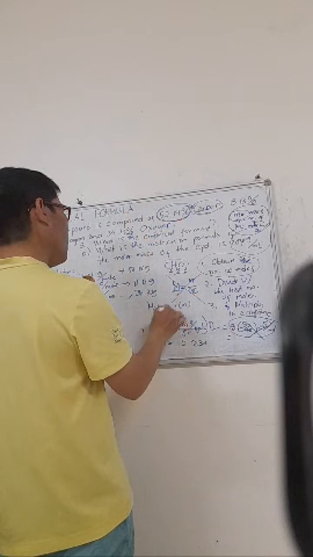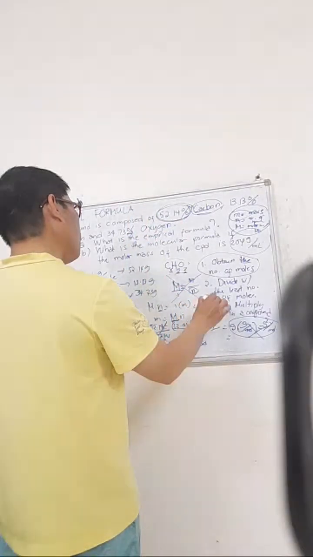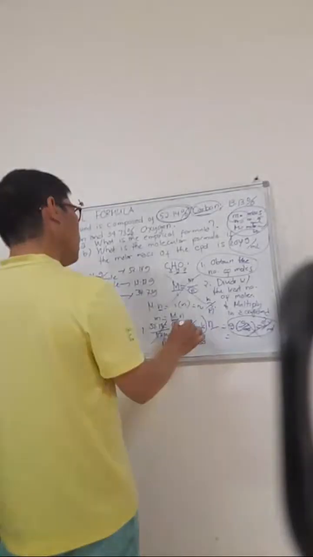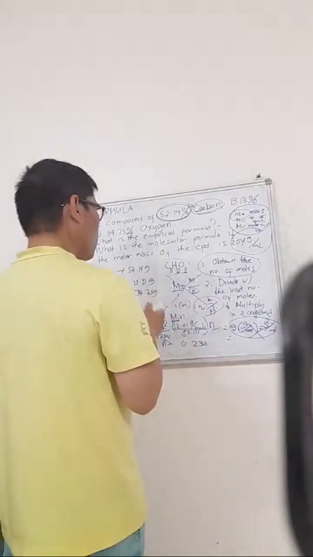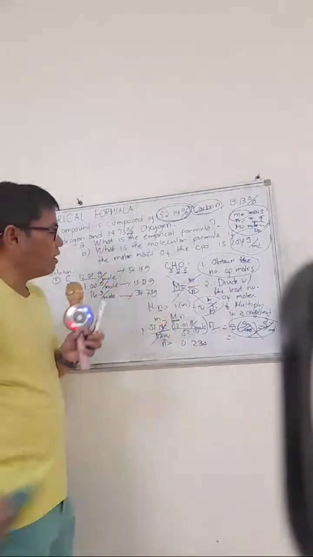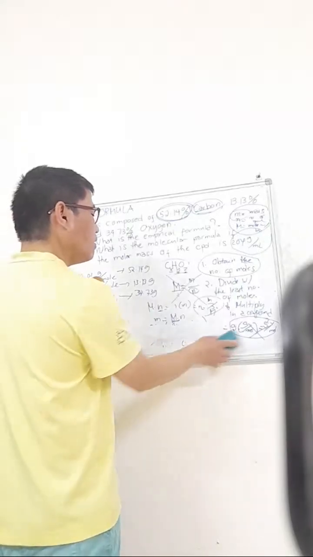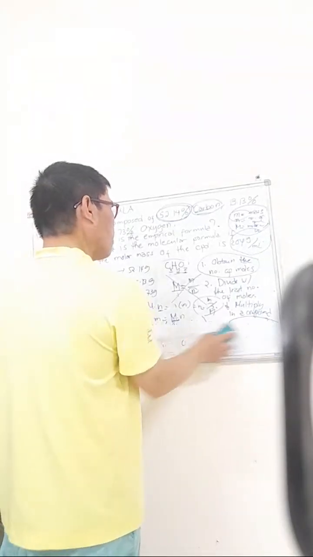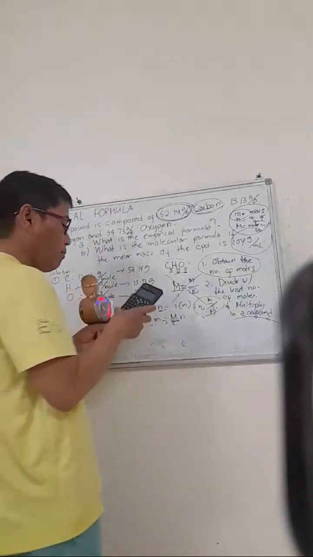See, n is equal to mass over M. So mass is 52.14 over the atomic mass 12.01. So actually this is the reverse. So for mass, we need to say 52.14 divided by the molecular weight.